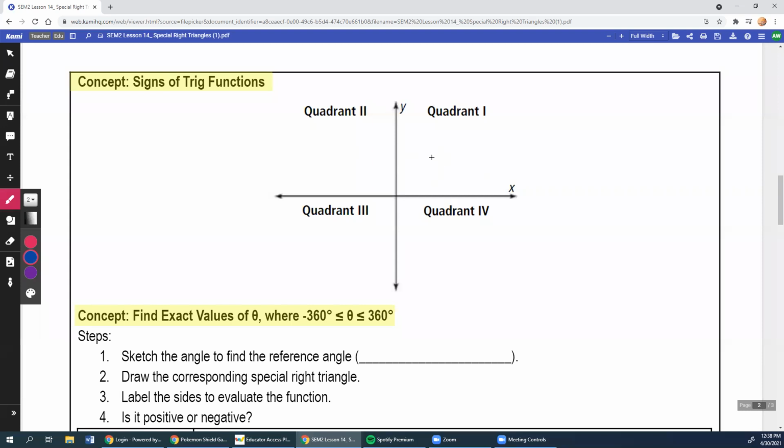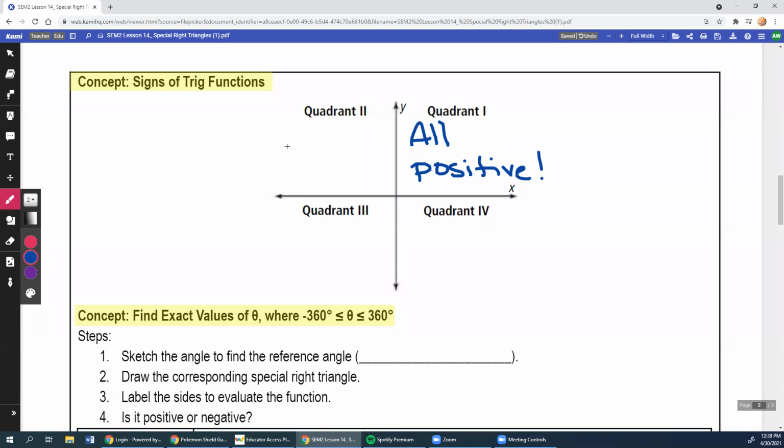So if your angle lands in quadrant 1, this one's nice. They are all positive in quadrant 1. All 6 trig ratios are positive in quadrant 1.